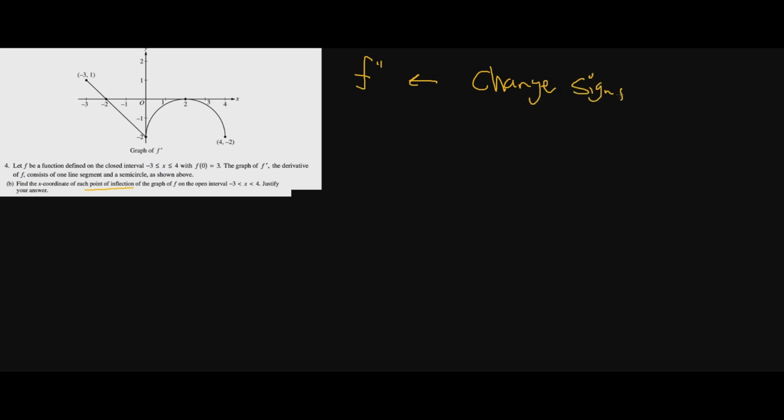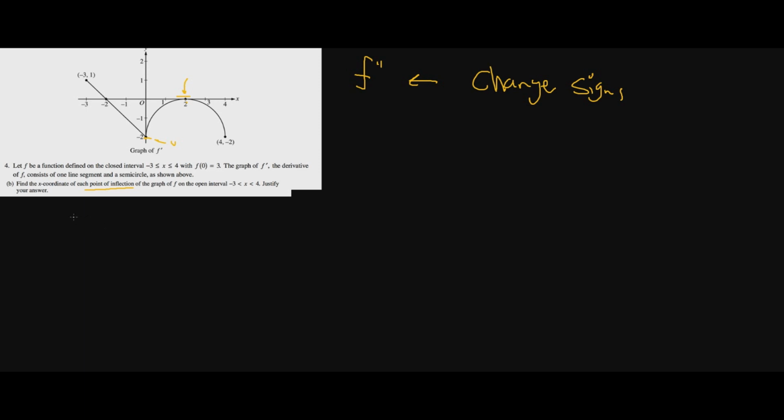So we've got to do a little bit of work, and that's not a big deal. We just have to find when our second derivative is equal to 0 or undefined, and does it change signs? Right here it's undefined, and right here it's equal to 0. So how do we justify our results here?